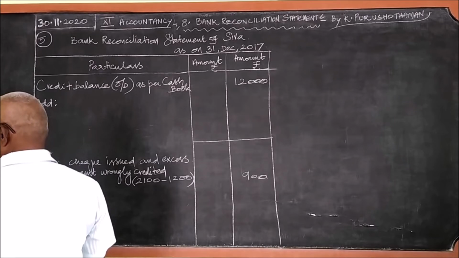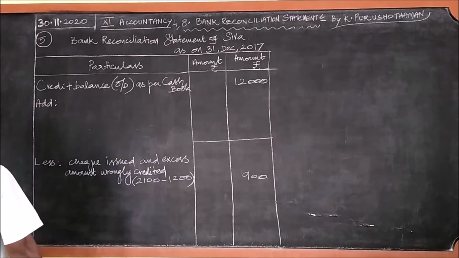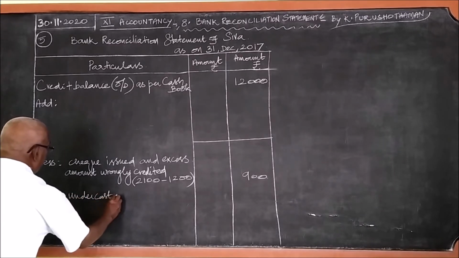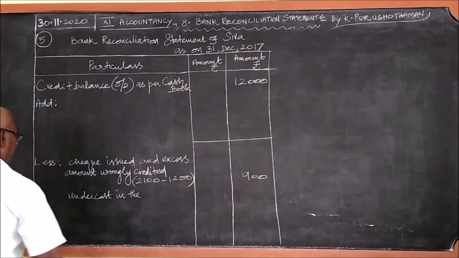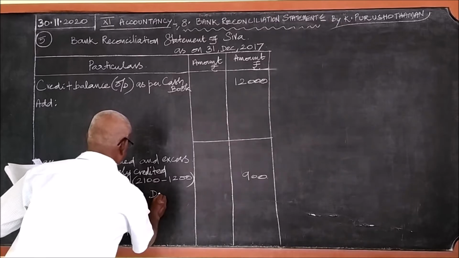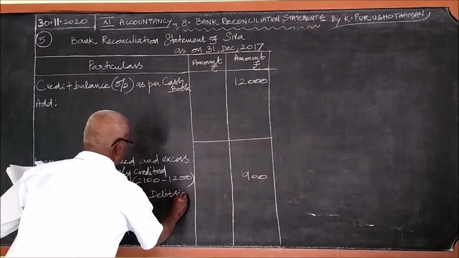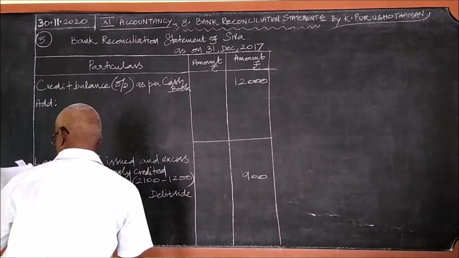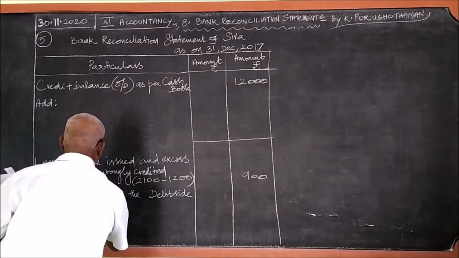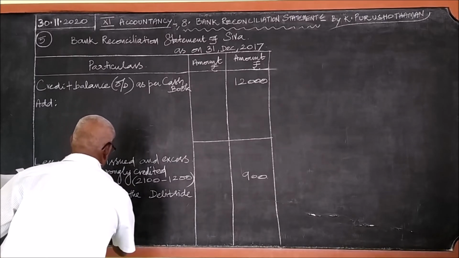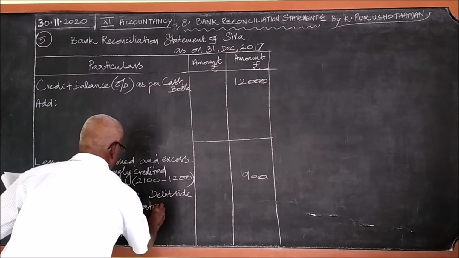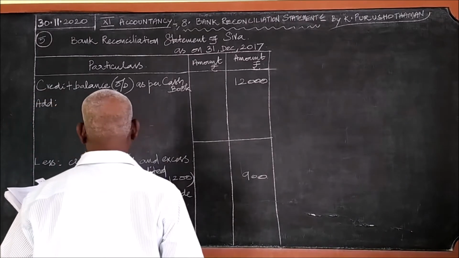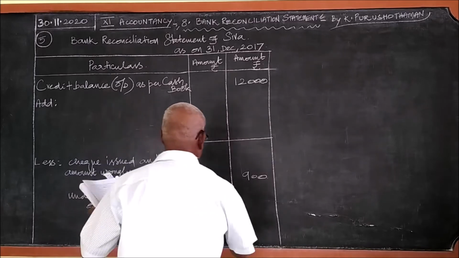Debit side of the bank statement was undercast. Undercast in the debit side of bank statement, 100.